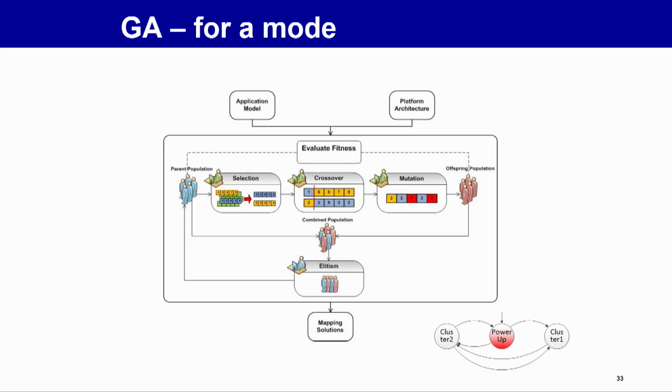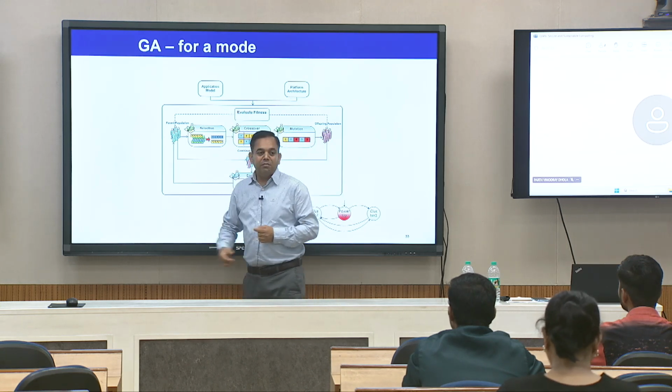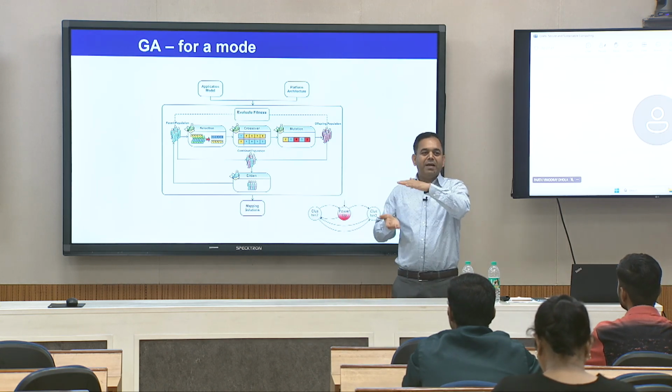You take your application model and your platform architecture. Application model means how many tasks it has; you saw we have 18 runnables. Platform architecture is the architecture on which those 18 runnables are going to run. With those, you create some initial population, let's say maybe 10 mappings.